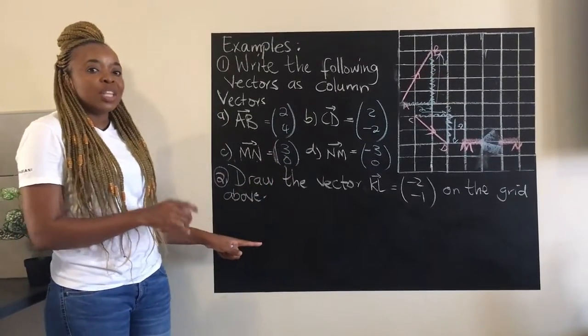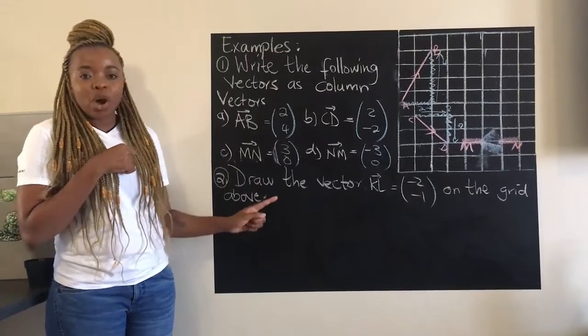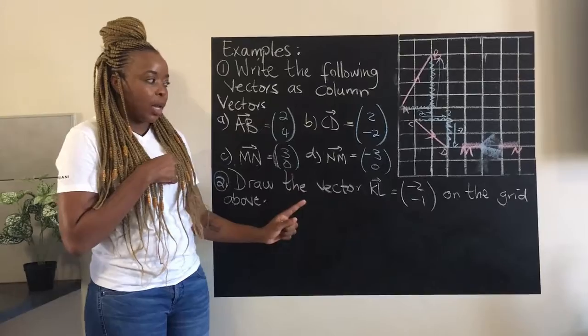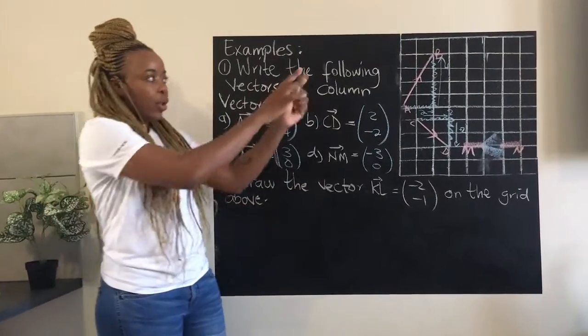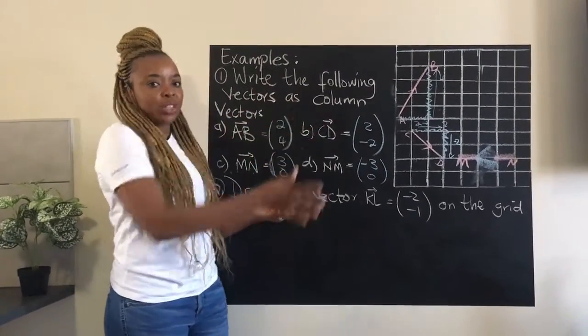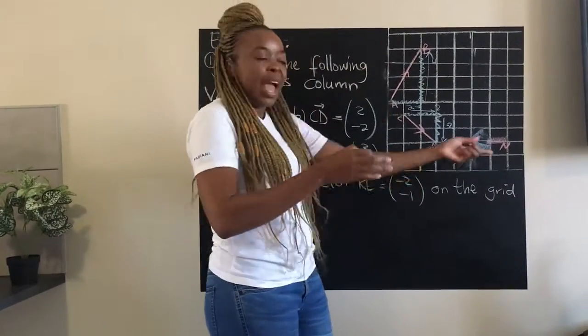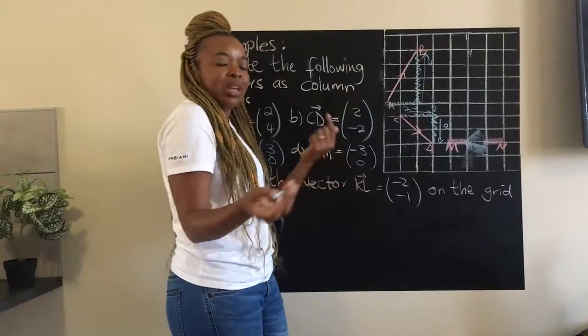Then in number 2, they are saying, draw the vector KL, which is -2, -1, on the grid above. So we are drawing that vector anywhere on that grid. It's up to you where you want to start, because we are not limited by some coordinates here.